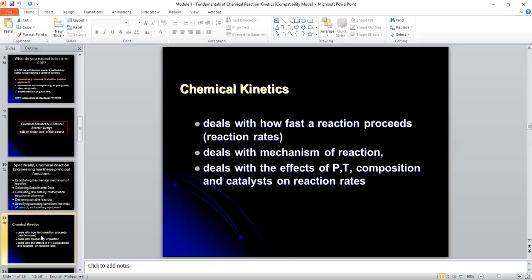It deals with the mechanism of reaction, meaning taking into account the number of steps that are needed for the formation of the product or products, and deals with the effects of pressure, temperature, composition, and even the catalyst on reaction rates. We know that a catalyst increases the rates of reaction.